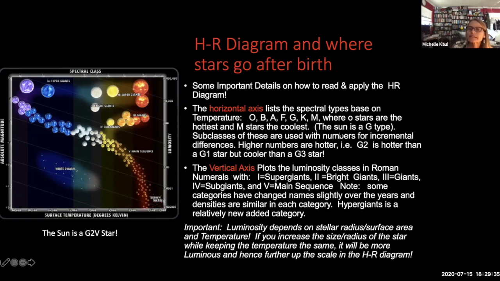We also have these subcategories. In the G classification, the sun is a G2V star. The Roman numeral V stands for main sequence. The G2 means it's hotter than a G1, but cooler than a G3 star. So we have these numbers to make subcategories of the spectral types to give us more of an indication of the temperature differences.